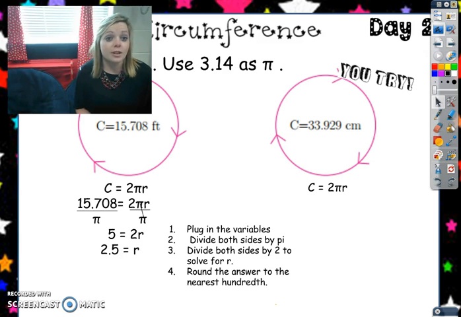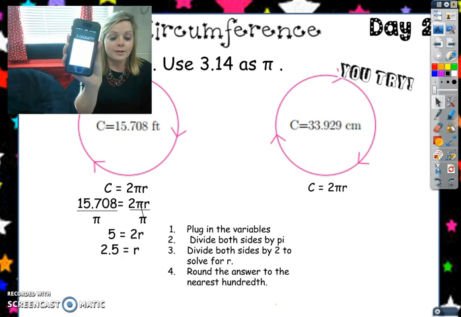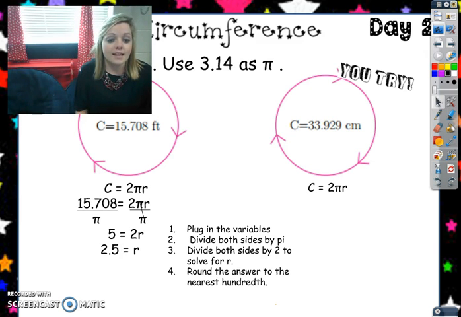The first step is we're going to divide by 3.14 on both sides. So put 15.708 divided by pi, 3.14, in your calculator. That gives me 5.00, and it keeps on going. Then I'm going to divide what I have in my calculator by 2.